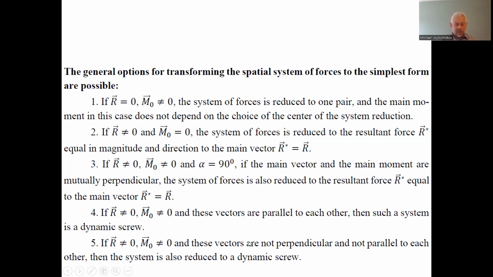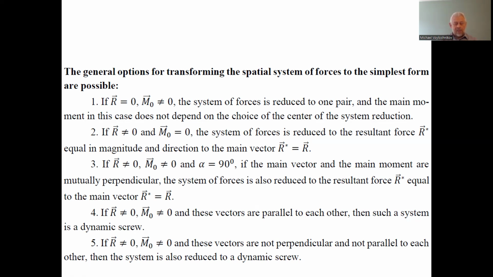And the particular case 4: if the resultant is not equal to 0 and the moment is not equal to 0, and these vectors are parallel to each other, then such a system can be considered as a dynamic screw, as we assume that the main moment is a free vector. Free means that it could be at any point of application.